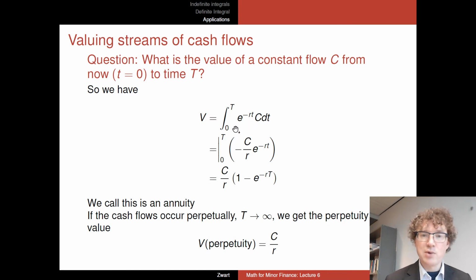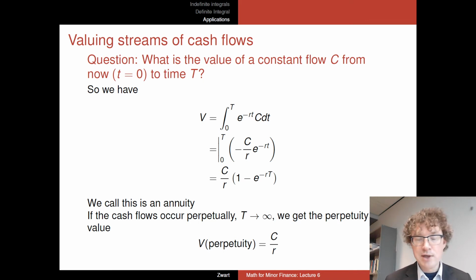I'm going to evaluate this between the initial time 0 and the end time capital T, which might be far into the future, years from now perhaps. This is the total present value, I should say, of this stream of income between 0 and capital T from now, discounted.